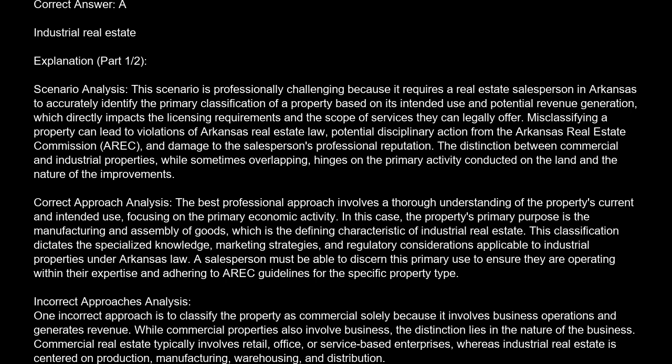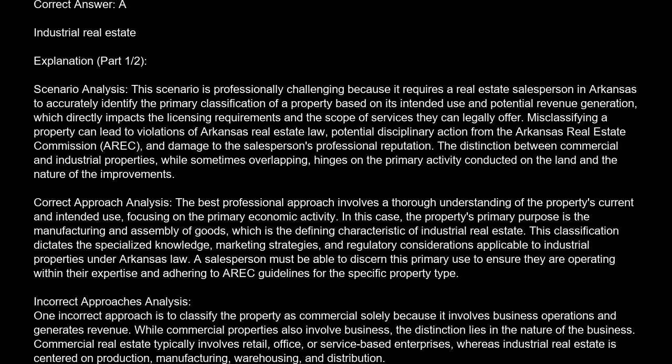In this case, the property's primary purpose is the manufacturing and assembly of goods, which is the defining characteristic of industrial real estate. This classification dictates the specialized knowledge, marketing strategies, and regulatory considerations applicable to industrial properties under Arkansas law. A salesperson must be able to discern this primary use to ensure they are operating within their expertise and adhering to AREC guidelines for the specific property type.